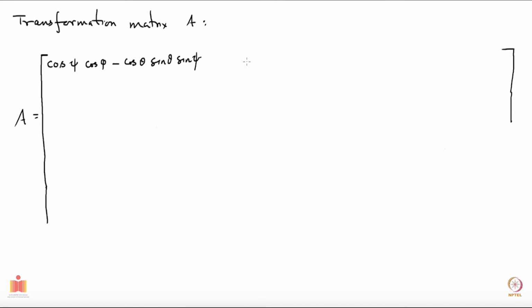That's the first entry. Then you have minus sine of psi cos of phi, cos of theta sine of phi cos of psi.